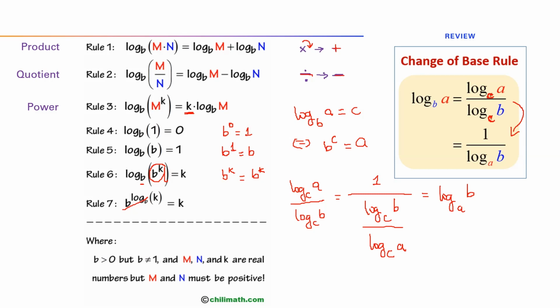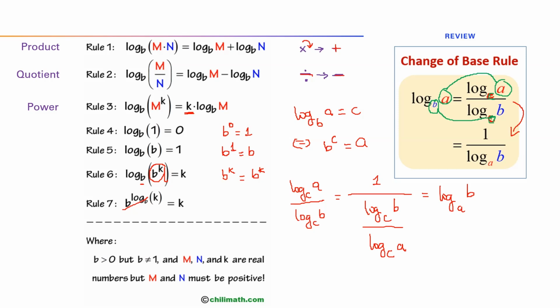So to remember this formula, just remember that log base any number, we can choose c, right? And then a is a little bit above b, the base is always at the bottom. And then a, when we draw it, is above b, so it will be on the top.